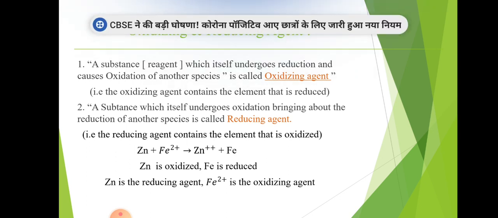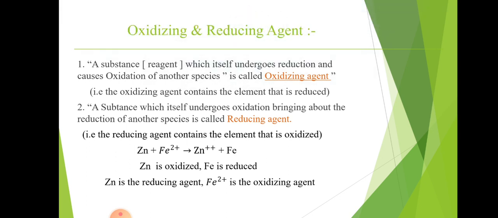Now let us see one example of an oxidizing and reducing agent. For example, Zn, which is a solid, combines with Fe2+ ions in aqueous form, and gives Zn2+ in aqueous form and iron.